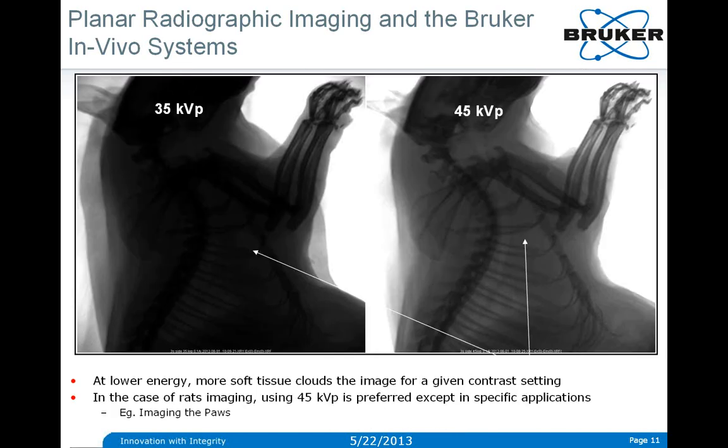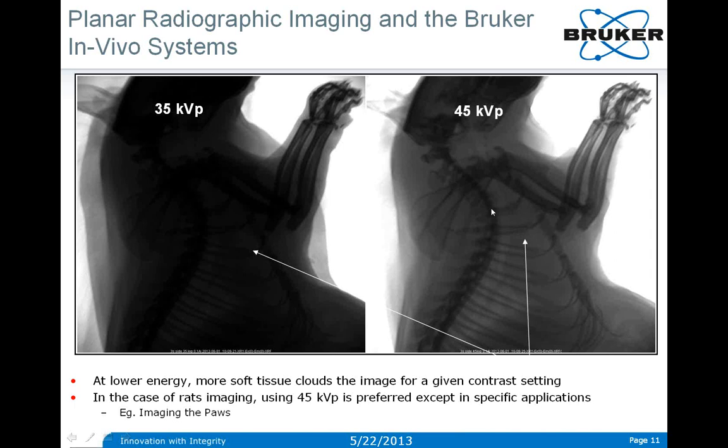It's also possible to change the voltage setting. So with higher voltage, we get better penetration of our sample. So you can see here, typically we would recommend using the highest voltage setting possible. You can see here with the higher voltage on the right versus the lower voltage, 35, on the left, we get better penetration and better contrast across the body of this sample.